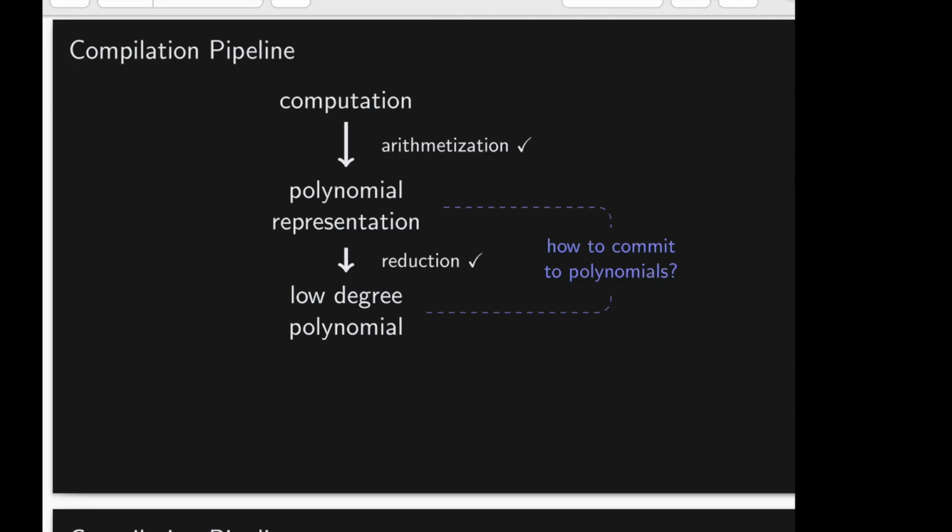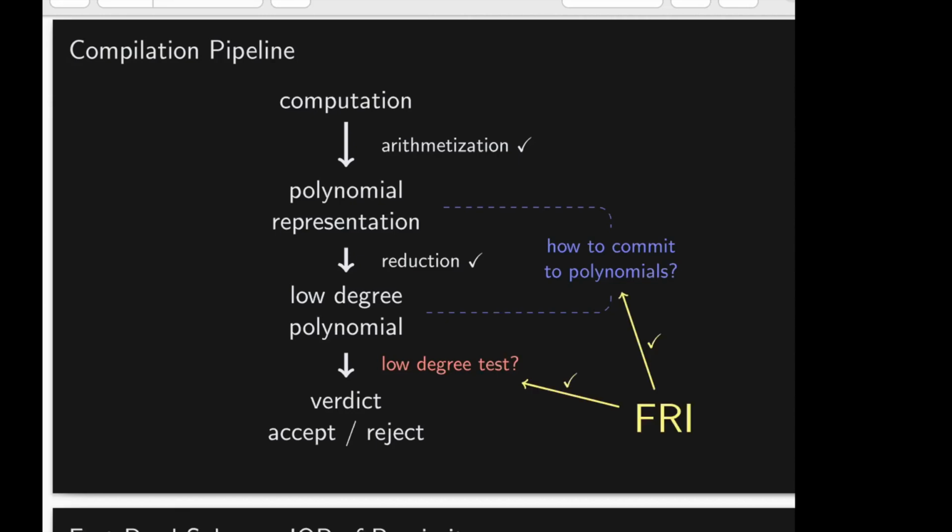I'll get to that later, because how we represent those polynomials has to do with the last step of the pipeline, which is how do we prove that it actually corresponds to a low degree polynomial as opposed to a random bunch of points. And that's what FRI does. FRI proves that the last polynomial that we end up with is in fact a polynomial of low degree, and it tells us how to represent polynomials.